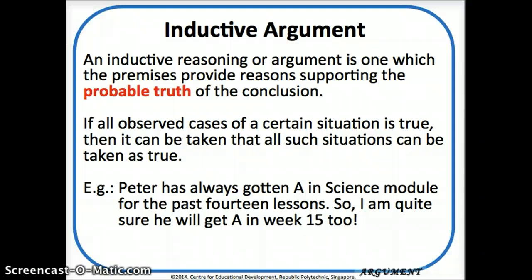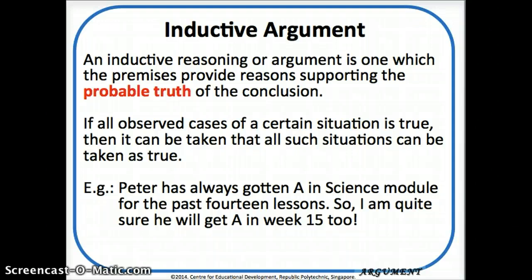An inductive argument is an argument in which it is thought that the premises provide reasons supporting the probable truth of the conclusion. So in an inductive argument, the premises are intended only to be so strong that if they are true, then it is unlikely that the conclusion is false. Take for example, here, Peter has always gotten A in science module for the past 14 lessons.